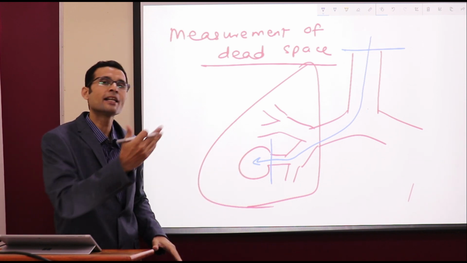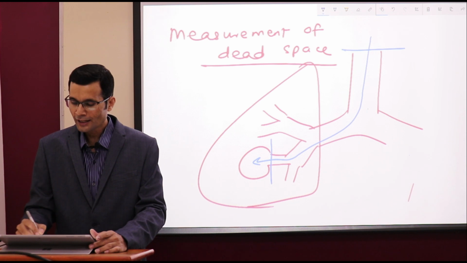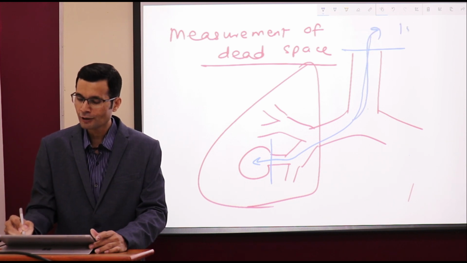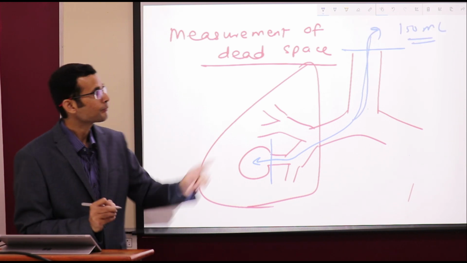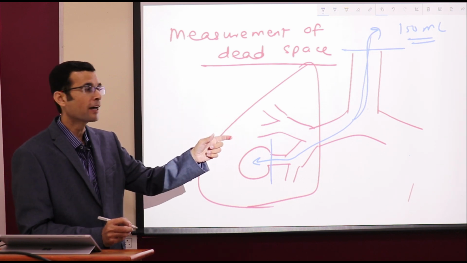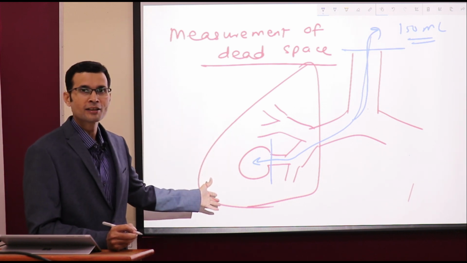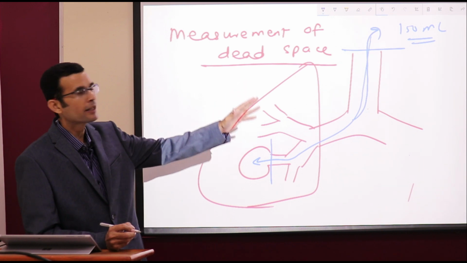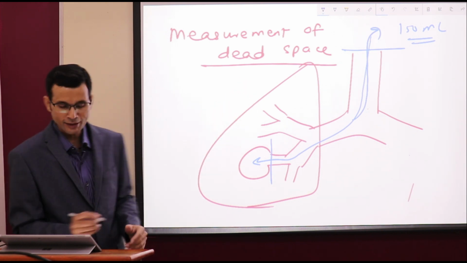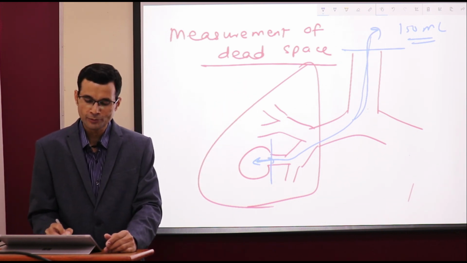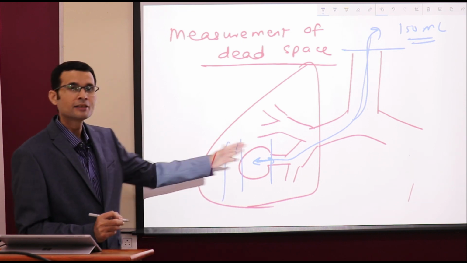And then when expiration starts, the first 150 ml that comes out is that last part of the inspired air which never took part in the gas exchange. This dead space air is coming out, and then the last 350 ml is coming from the alveoli carrying the blood gases.